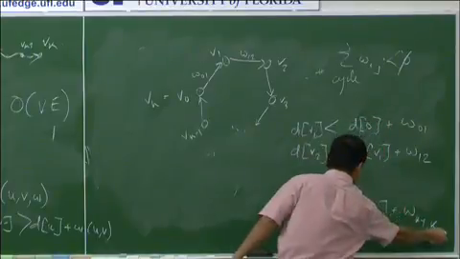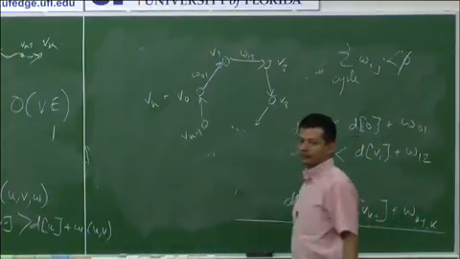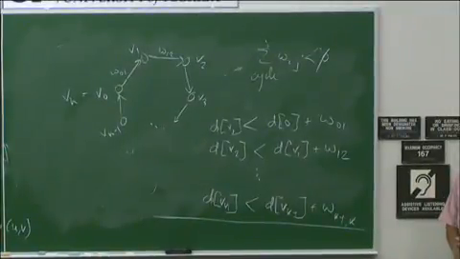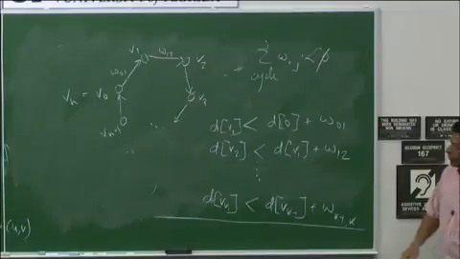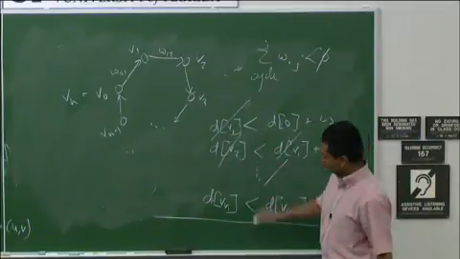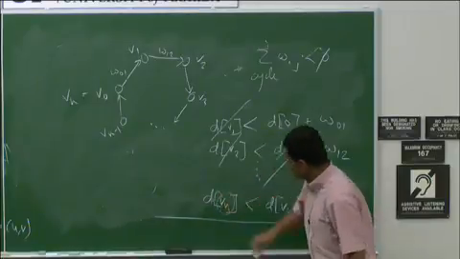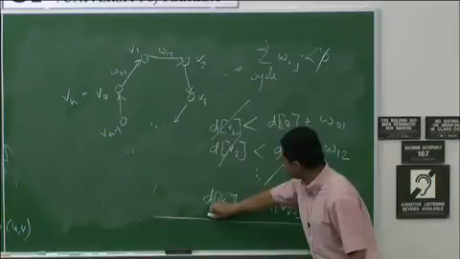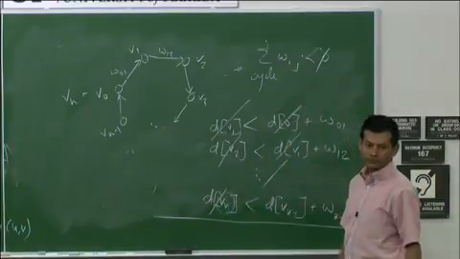I am going to add them all up. What do I get? Do you see that things strike out? V k is actually V 0, and this is going to strike with that.